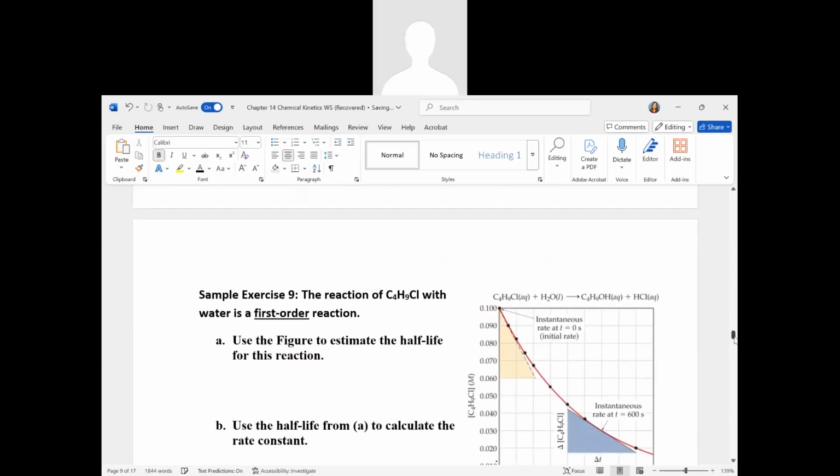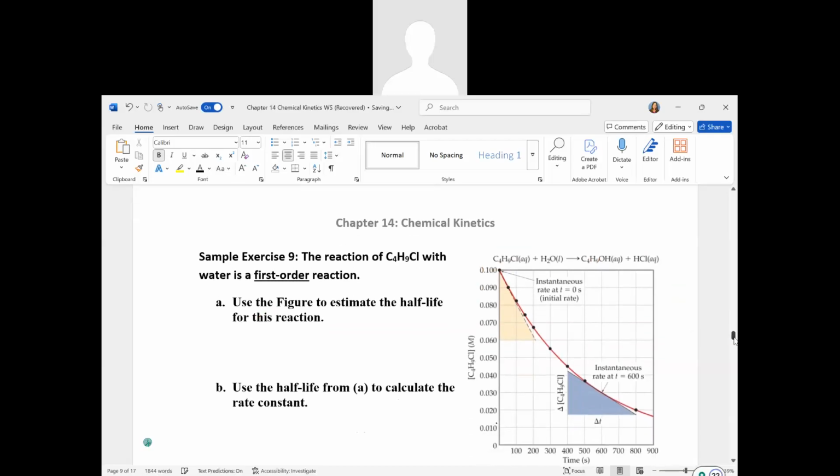So let's look at sample exercise 9. This reaction is graphed where we have our initial concentration up top, and then we have varying rates of change of concentration over time.